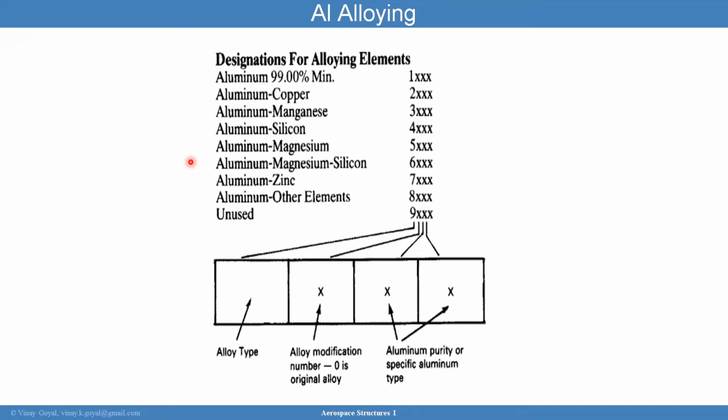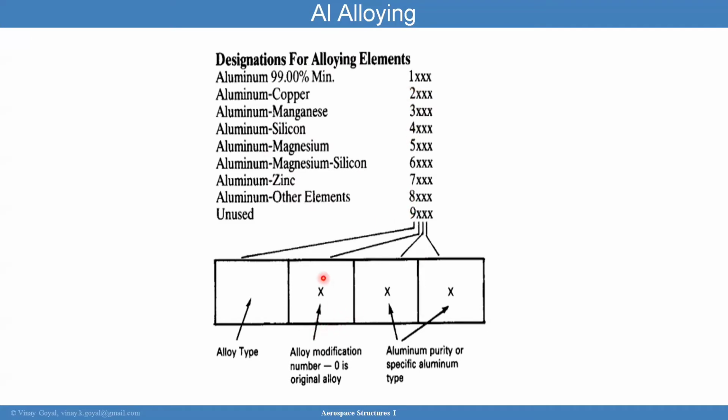And so here, what I'm showing you is how to read this. You can see here that there's a number on this column, and this column tells you what is the dominating material. In this case, if it's 2, it is copper, as an example, and so forth.